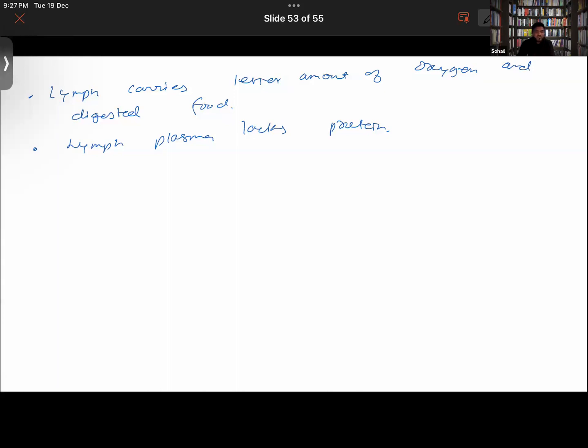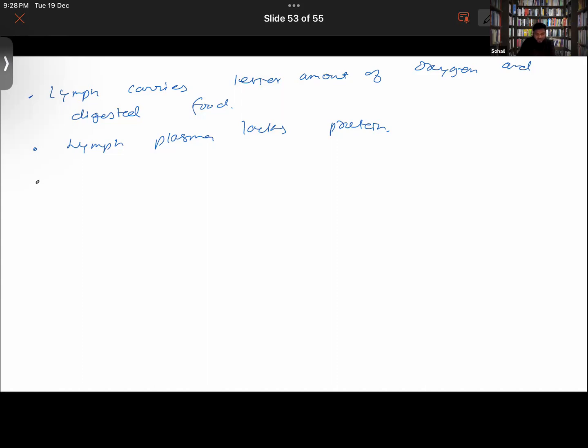So blood flows very fast in the blood vessels, while in the lymphatic vessels, the lymph flows very slowly as compared to blood. All right. Now, blood can flow in any given direction in the body, while the lymph flows in a single direction only. Getting this or not?